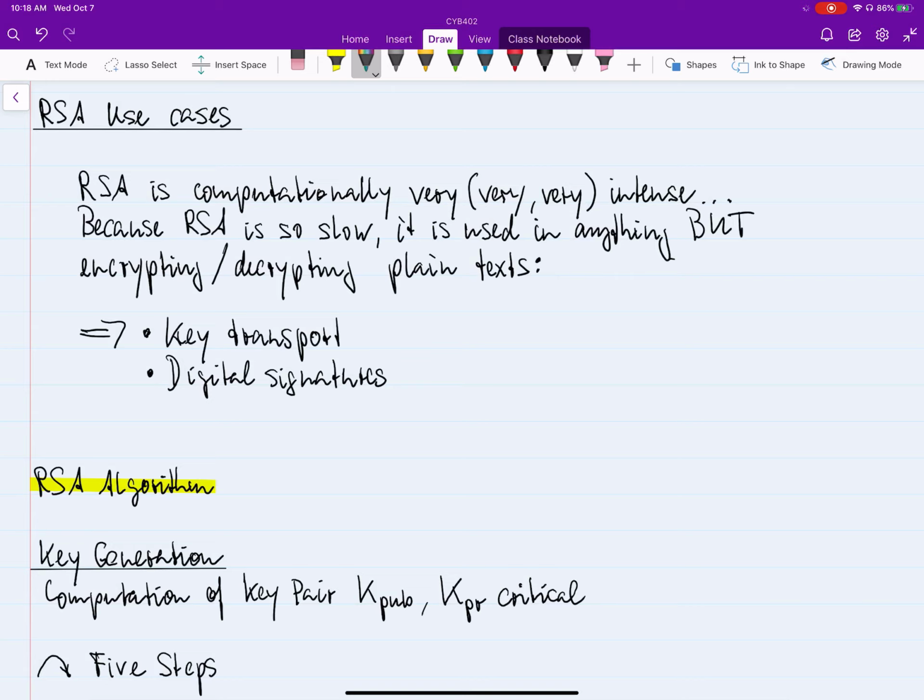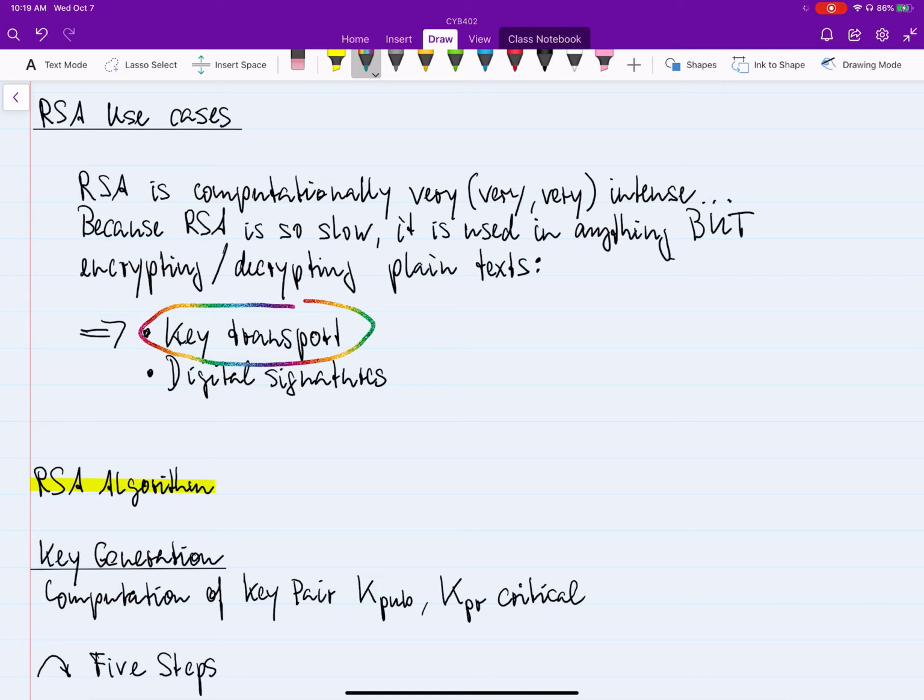So what we do use RSA for is key transport. Basically what that means is that you use a public key crypto system in order to transport symmetric keys.